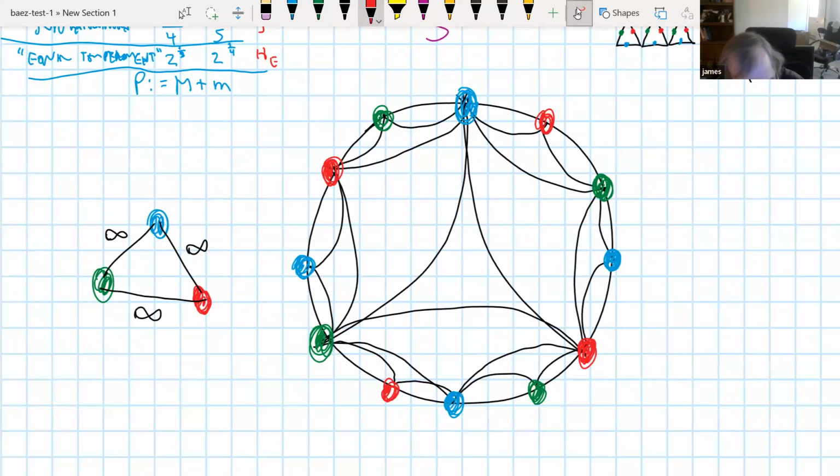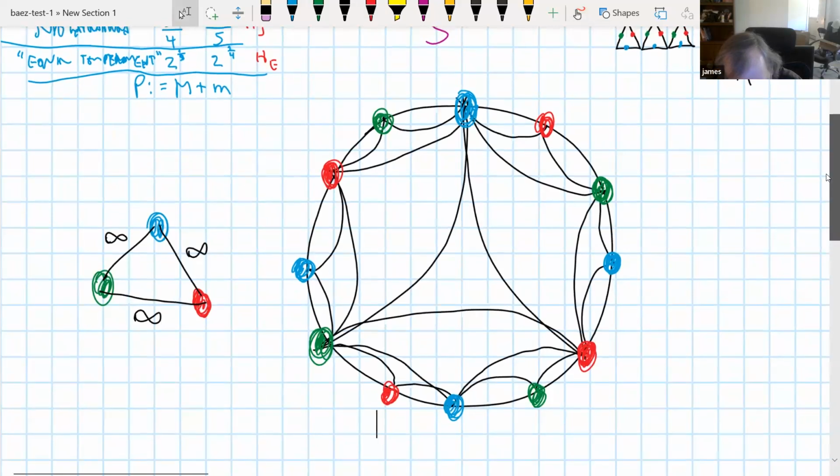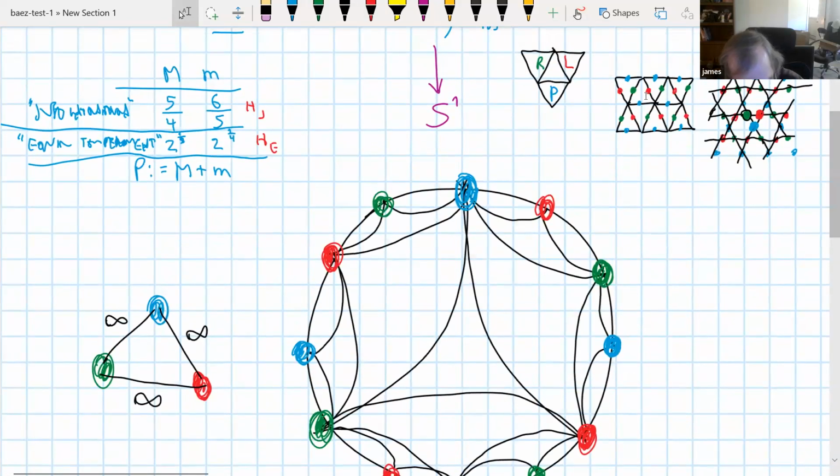So this gets confusing. What's the connection between the Tonnetz picture, the Kagome picture, and the Escher picture?